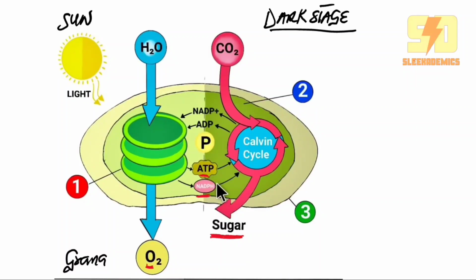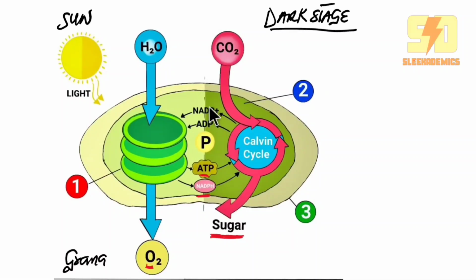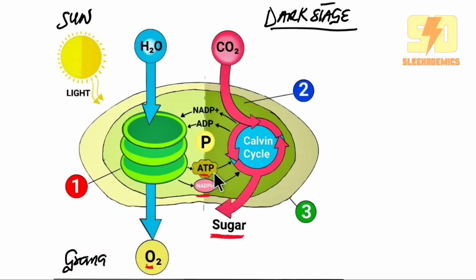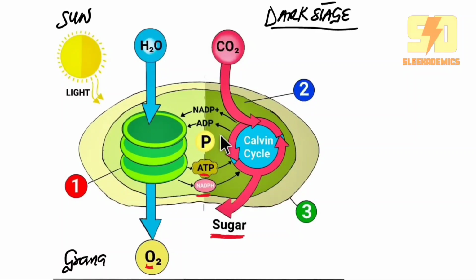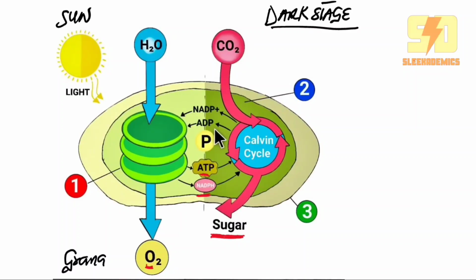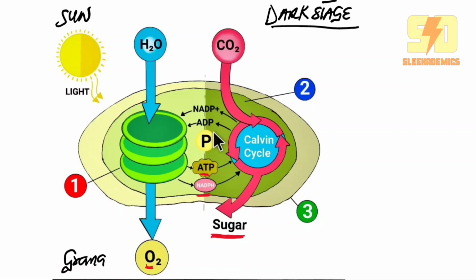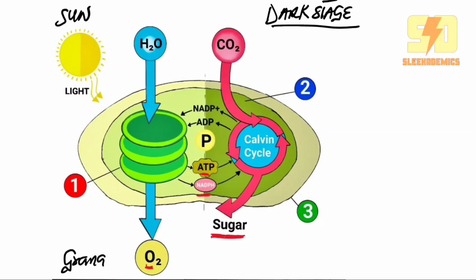And when this happens, finally NADPH is reconverted back to NADP plus, and our ATP is reconverted to ADP. ADP is adenosine diphosphate, and when a phosphate group is added to it, it makes adenosine triphosphate. So this is actually a cycle.